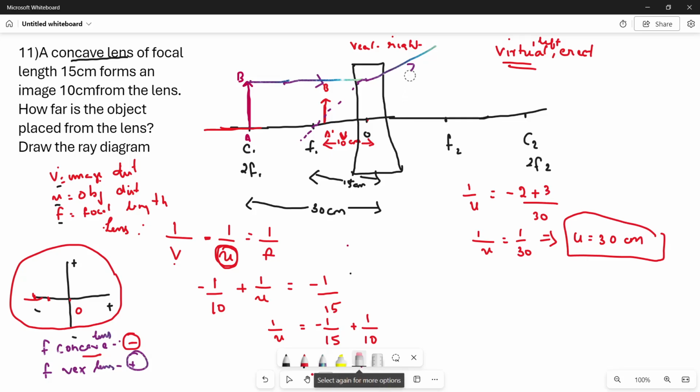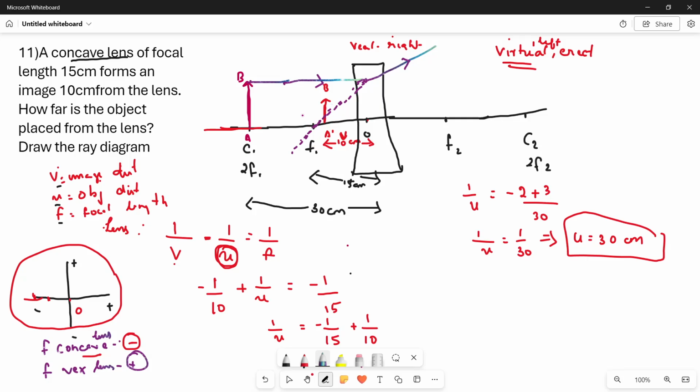It is getting scattered. But if you follow the rule given in the book, if your light ray is parallel to the principal axis, then it will pass through the focal point.